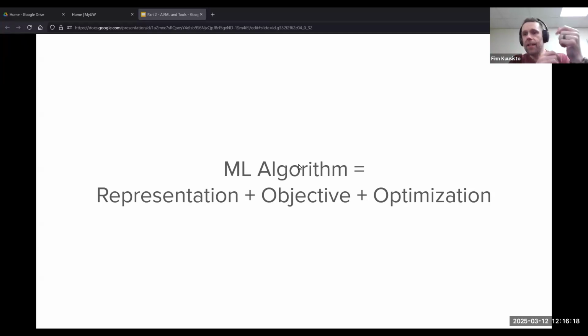The objective is basically an internal function that tells the algorithm what is a good model. It's a measurement of how we improve our model. And optimization is the step-by-step process, the internal algorithm that we use to adjust our current model until we get to a good fit, something that has a higher value for the objective function within our representation.